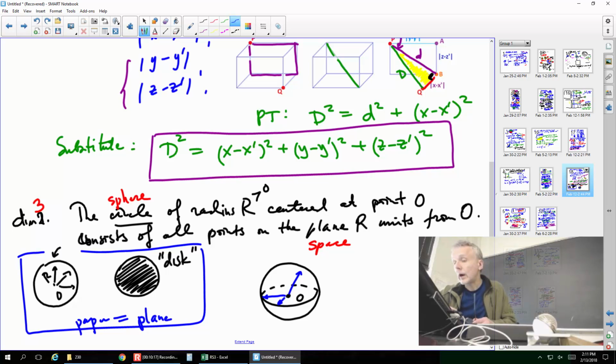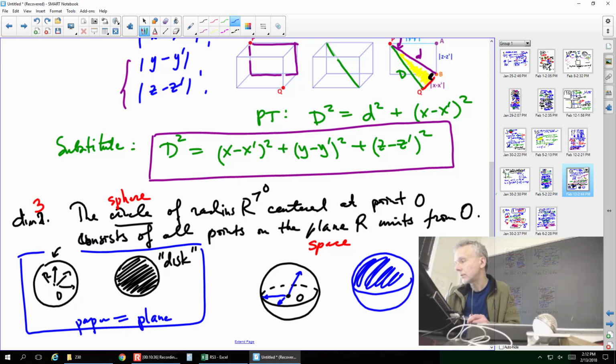Then the same controversy arises about the difference between the sphere, which is a surface, and a cannonball, or just a ball, which is filled rather than empty.